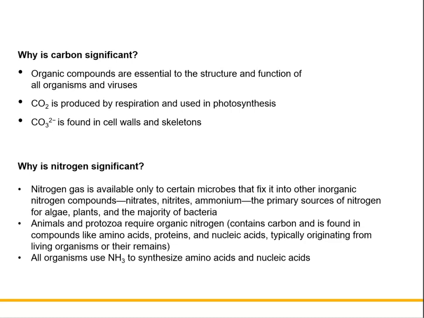Animals and protozoa, on the other hand, are going to get their nitrogen from organic compounds like amino acids, proteins, and nucleic acids. Usually these are going to originate from other living organisms or their remains. And then all organisms are going to use ammonia to synthesize amino acids and nucleic acids.